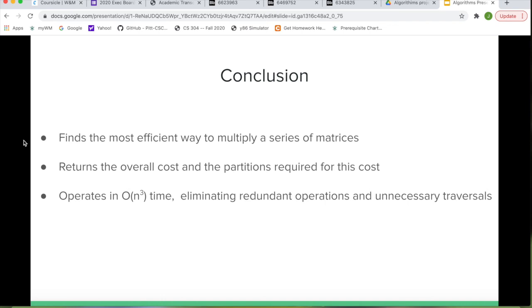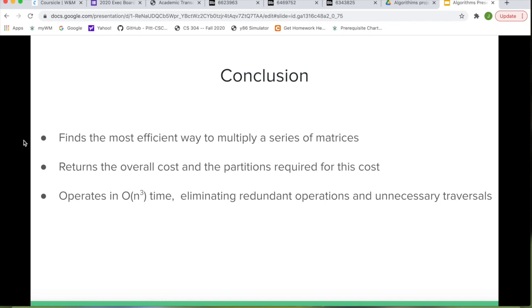It doesn't actually do the multiplication, but working into that multiplication, it minimizes the amount of time it will take in order to conduct that multiplication and saves you from a brute force series of multiplications into a dynamically programmed, much more efficient multiplication than you otherwise would have had.